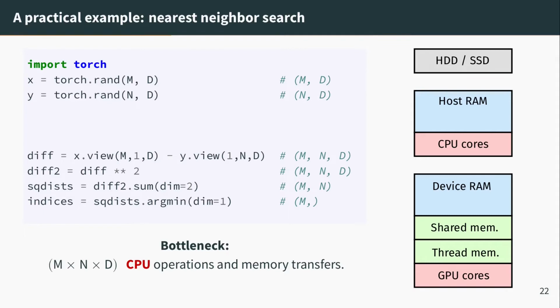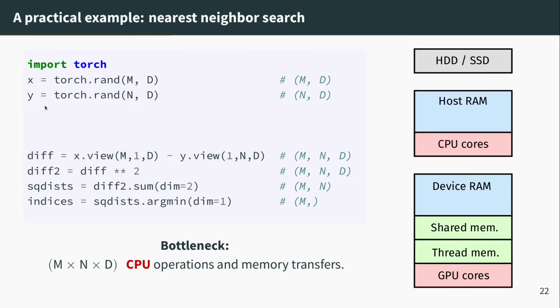This is the number of pixels in an image. Then you have y, also an array with n rows and d columns. And what you're interested in is, for each point x, for each row xi, a vector with d features, you want to know the index of the point y which is closest to xi.